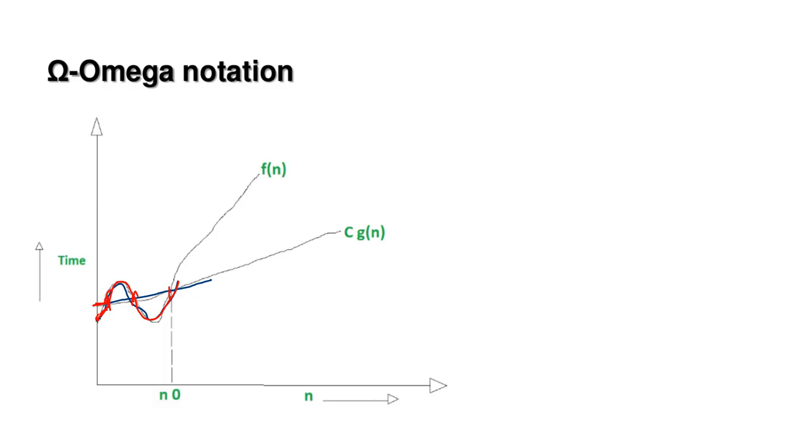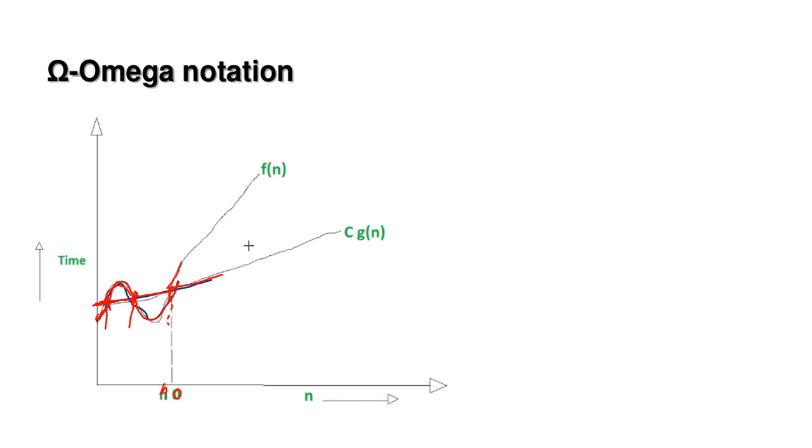But after this point, f of n is growing faster than c into g of n. In the next two intervals, again c into g of n is growing faster and f of n is growing slower. But after the n0 point, c into g of n is always less than f of n.